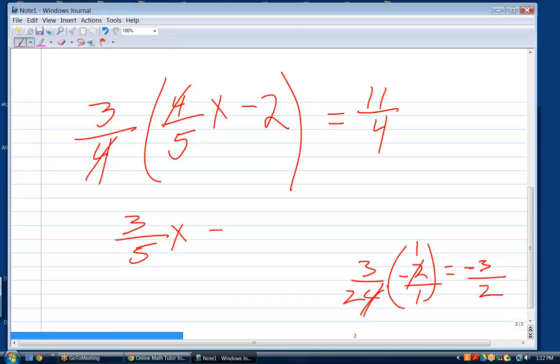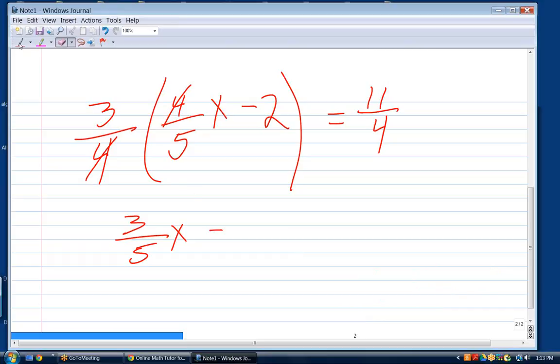That's it. And that's what we would have gotten if we would have reduced minus 6/4. It reduces to minus 3/2. But it makes far more sense to reduce before you multiply than it does after you multiply. Okay, so that term is minus 3/2, minus 3/2 equals 11/4. What's the next step?